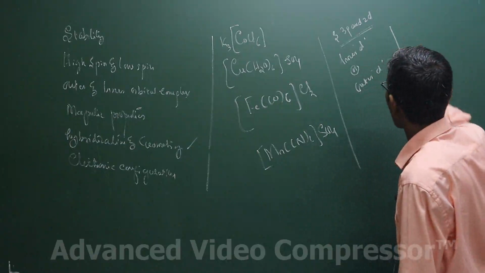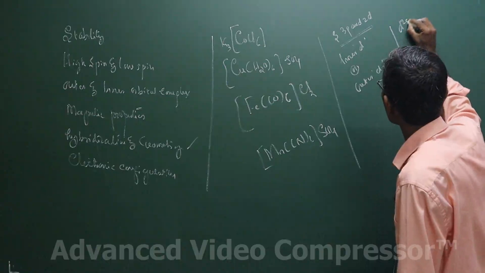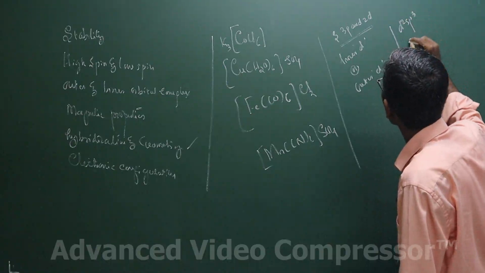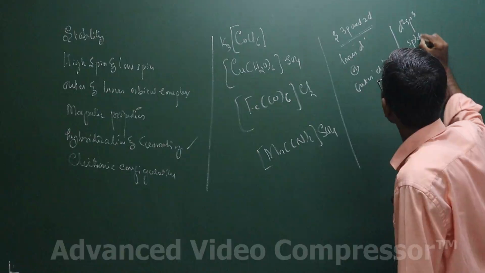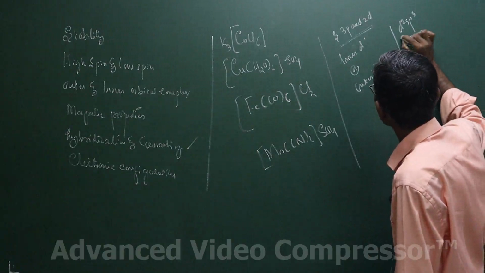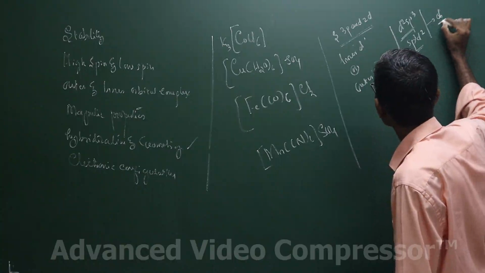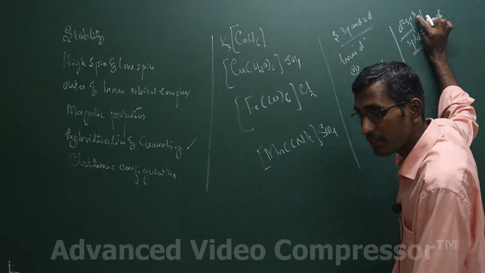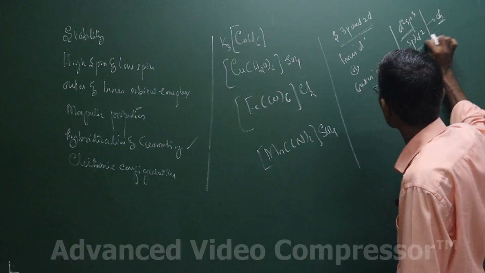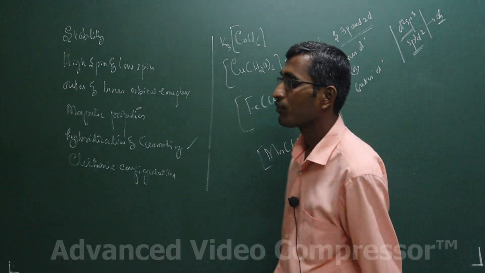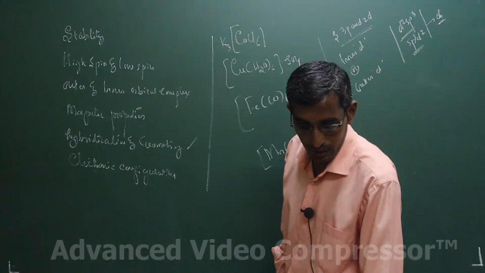That is, you have two categories: either d2sp3 hybridization is possible or sp3d2 hybridization is possible. In both cases the geometry is the same, octahedral geometry, but the hybridization will be different. One is the involvement of the inner d orbital, in the second case there is an involvement of the outer d orbital.